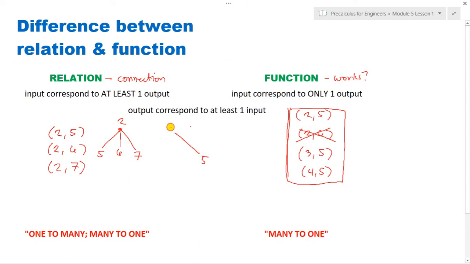Let's say I input 2, the result is 5. If I input 3 into my machine, the answer is still 5. If I input 4, the answer is still 5. If I input 6, the answer is still 5. So you can have ordered pairs of 2 and 5, 3 and 5, 4 and 5, and lastly 6 and 5.